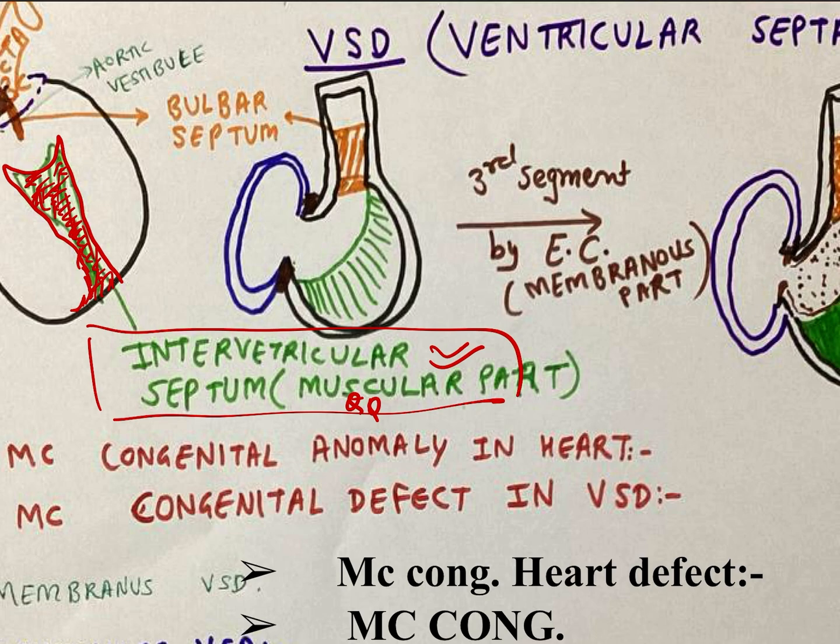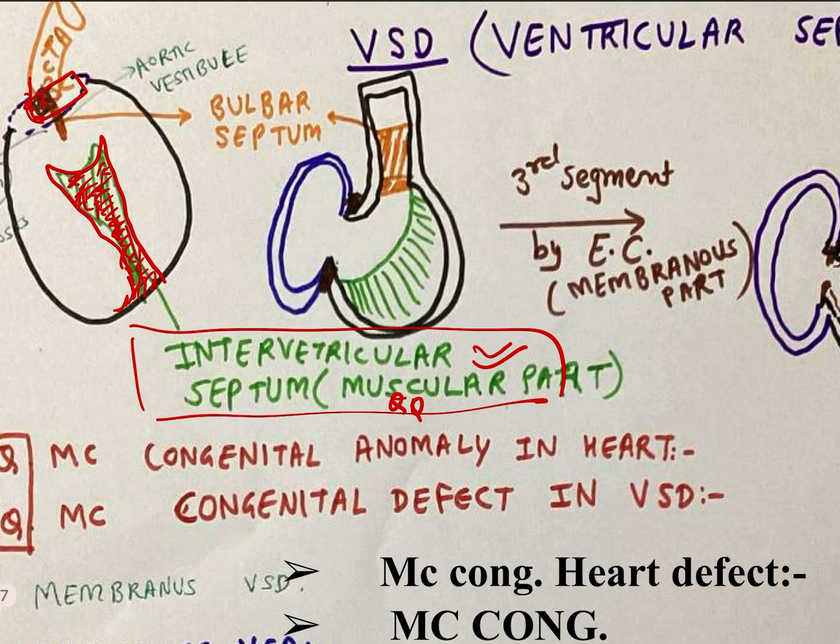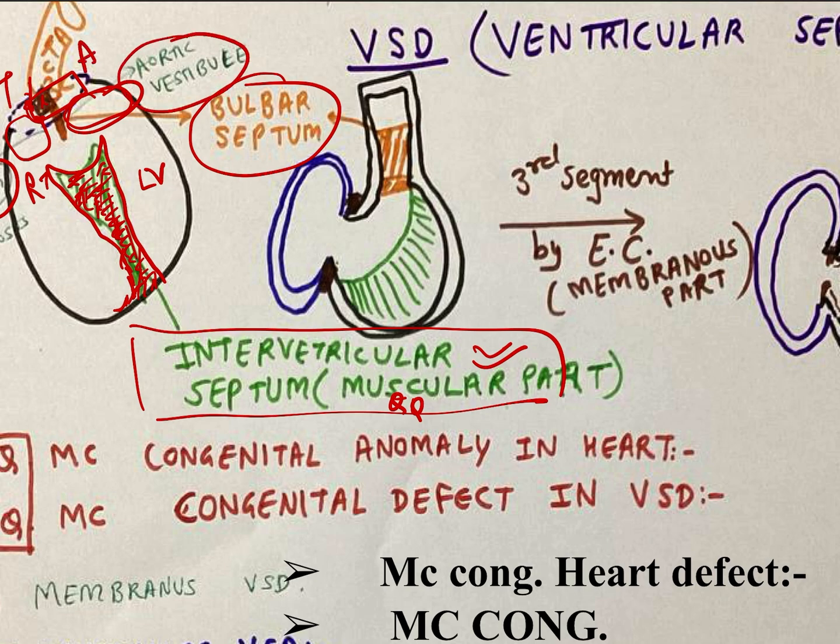Then the uppermost and mid part of the bulbus cordis will form the outflow division of both the ventricles by forming the bulbar septum. On the right side it will form the infundibulum, which connects the right ventricle to the pulmonary trunk anteriorly, while on the left side it will connect the left ventricular aortic vestibule to the aorta posteriorly.